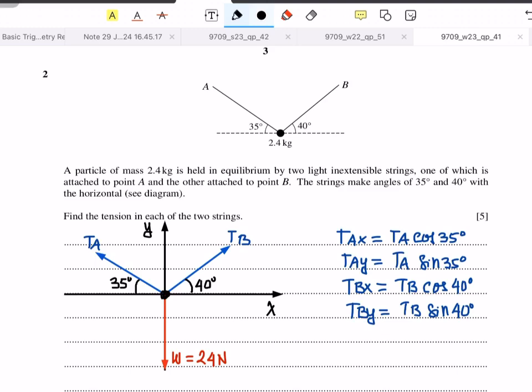We resolve each of TA and TB into x and y components. So TAX is TA cos 35 degrees, TAY is TA sin 35 degrees, while TBX is TB cos 40 degrees and TBY is TB sin 40 degrees.